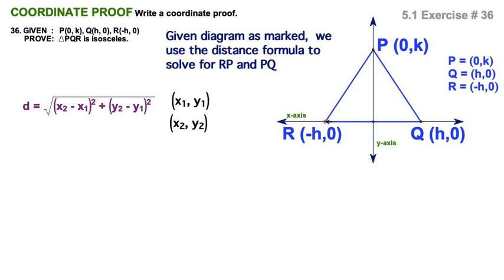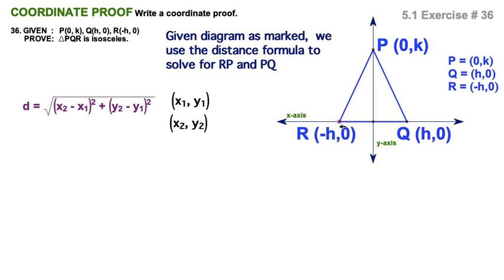So given the diagram is marked, and you see in a coordinate proof, we're not going to write the two-column business. We're just going to do the algebra. We have a formula called the distance formula, and we're just going to execute it. And maybe we throw in some words.